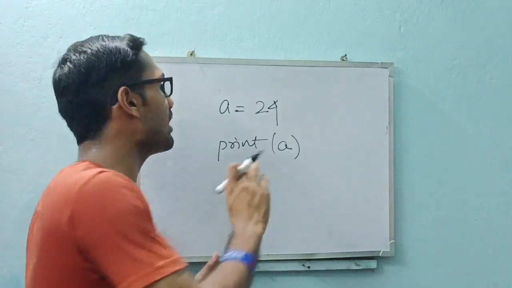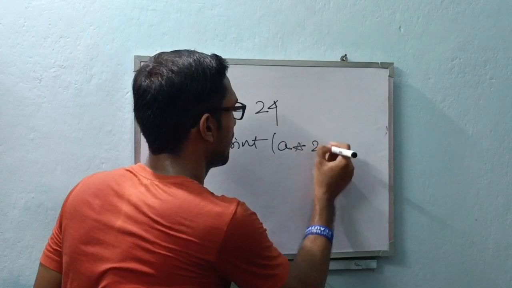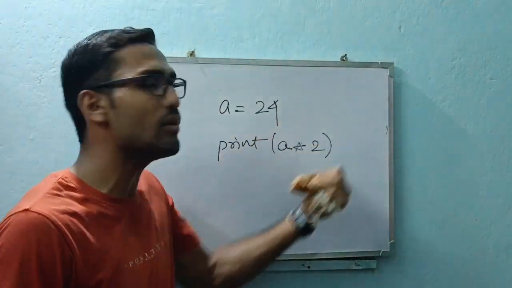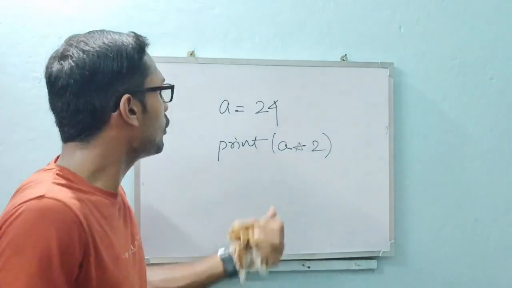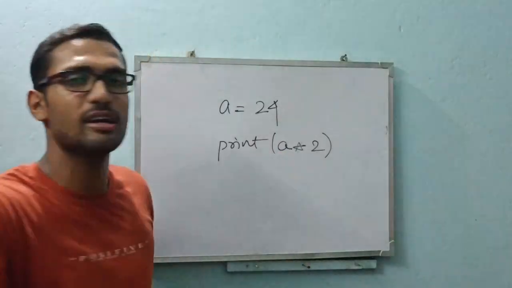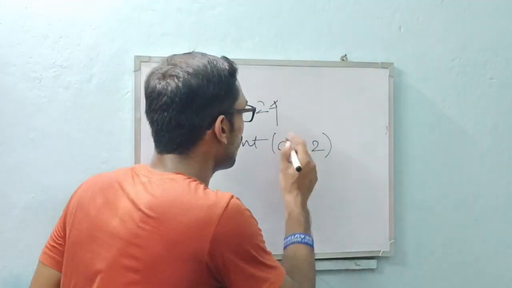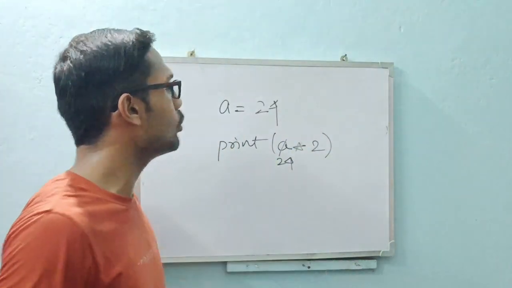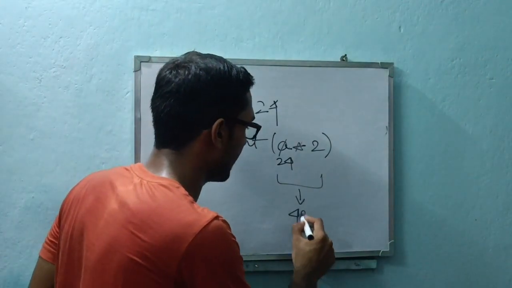Even if I use something like a into 2, Python will try to evaluate this expression. It will simply substitute the value of a with 24, and after substituting, it will multiply 24 into 2, that is 48, and it will print 48.